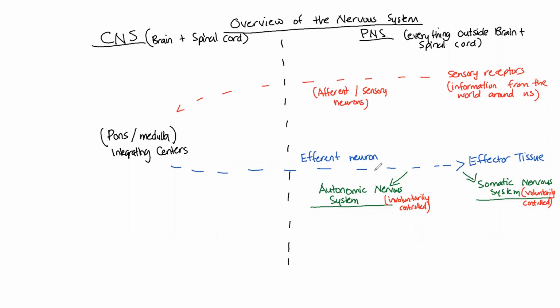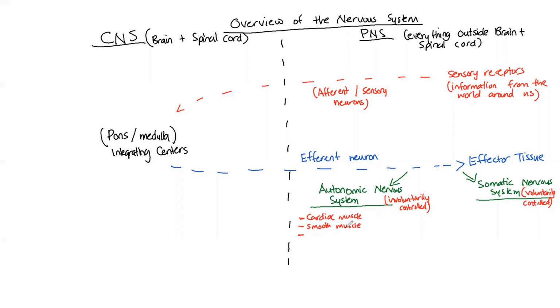The tissues involved in the autonomic nervous system are also different. They include cardiac muscle and smooth muscle, and smooth muscle is pretty much everywhere in the body. It lines blood vessels, internal organs, the gastrointestinal system, the bronchial tree, the airway, the bladder.